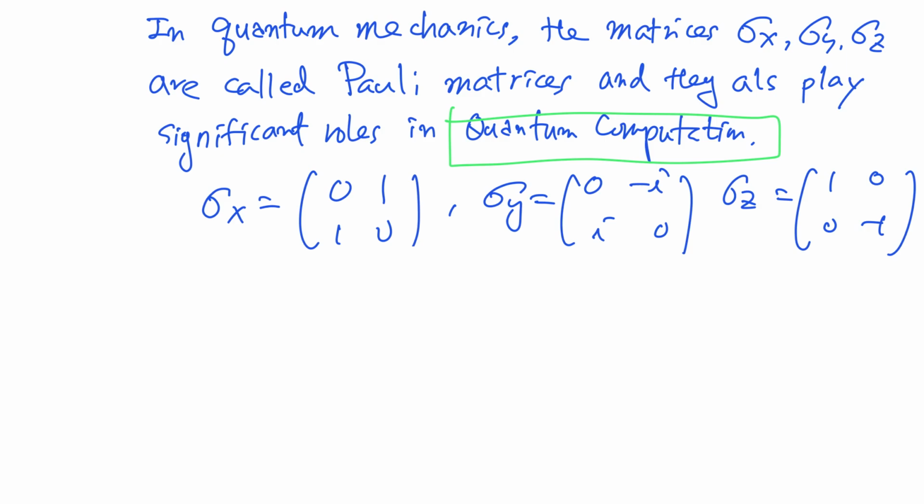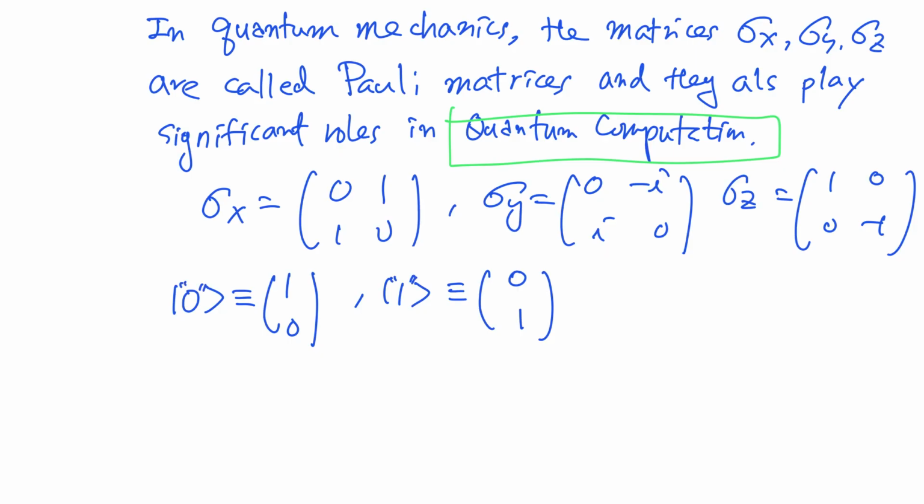And in quantum computation, we say this is the zero vector, 1, 0. This is called quantum bits, or sometimes called qubits.